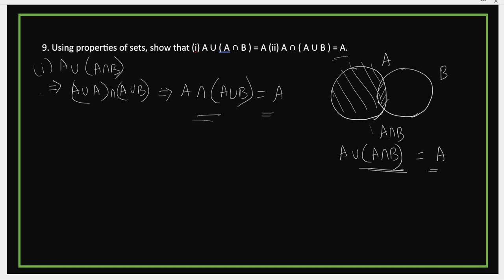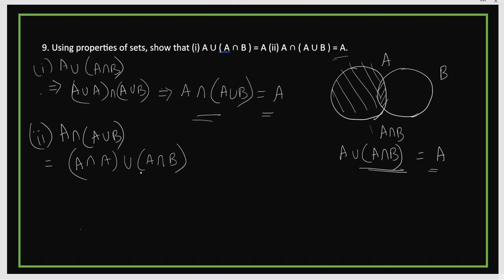I have given you this in the previous videos, an important formula. Second one: A intersection (A union B). A intersection (A union B) equals (A intersection A) union (A intersection B). What is A intersection A?